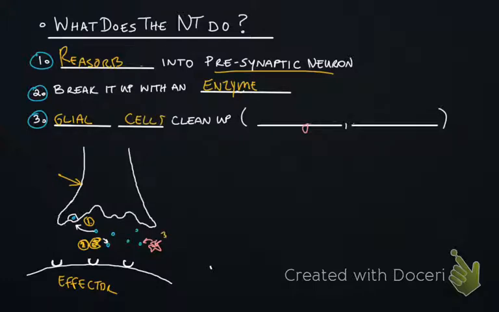So that would be here, and the type of glial cells that might do this are astrocytes or microglia. Remember, microglia are the ones that we consider the immune cells. Alright, so make sure that you know this. I know I asked you a question about what happens to the neurotransmitter that's left in the space, the synapse. So put a star by that.